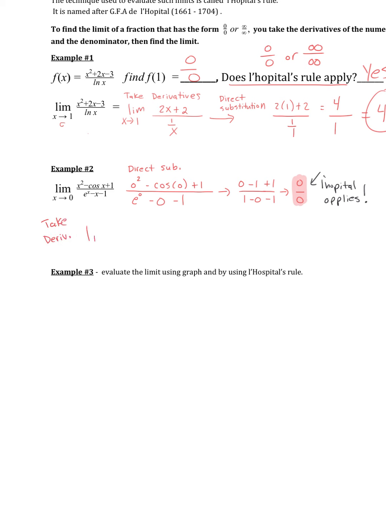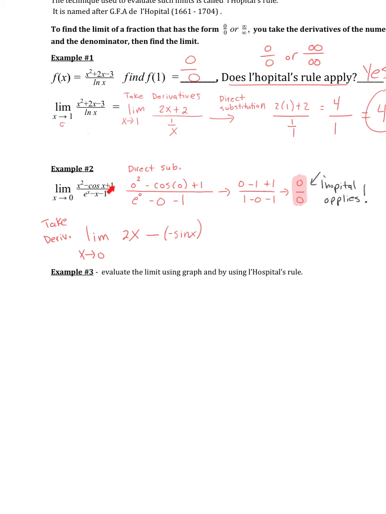So we still have the limit as x approaches 0, but now we take the derivative of the numerator. The derivative of x squared is 2x. The minus 1 comes along for the ride. The derivative of the cosine is negative sine of x.